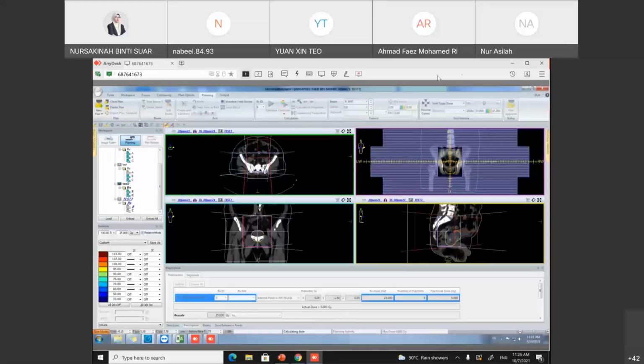Let me write it down. How to write it down? Let me see. You can mark this down. The EQD2. The 2 means the.